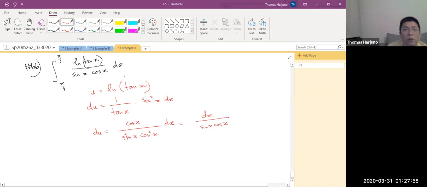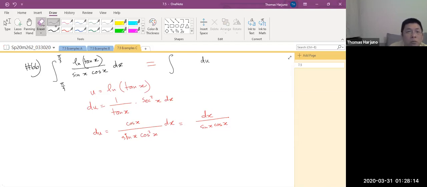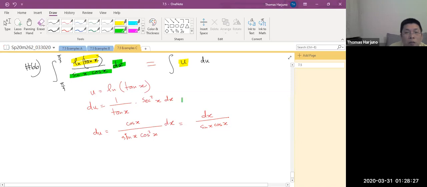Oh, okay. So if we use that kind of substitution, then we will get integral of u times du. This u coming from here, that's my u. And then my du is dx over sine x cosine x.